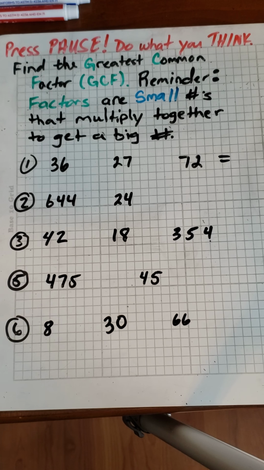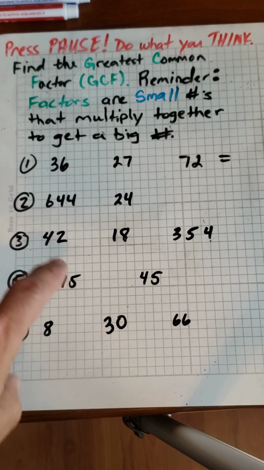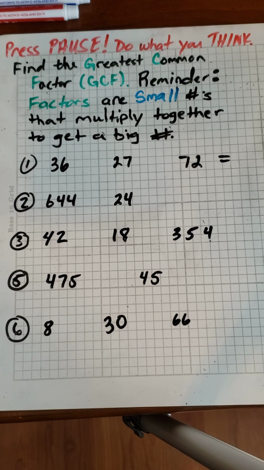At least one of your factors would be smaller than whatever numbers you're trying to do. Sometimes they're both smaller. So you're trying to find factors that go into each one of these evenly. Okay, so go ahead and press pause and give that a shot.